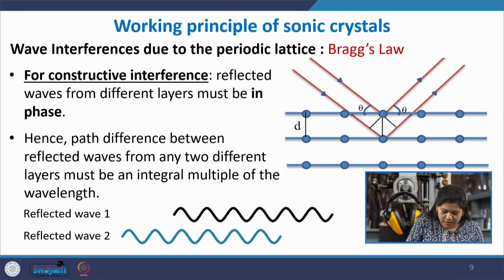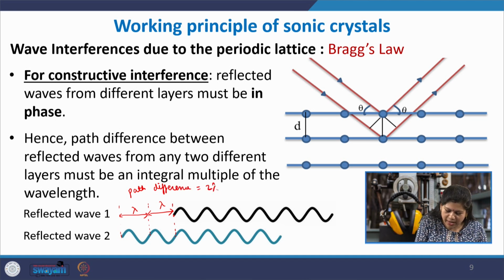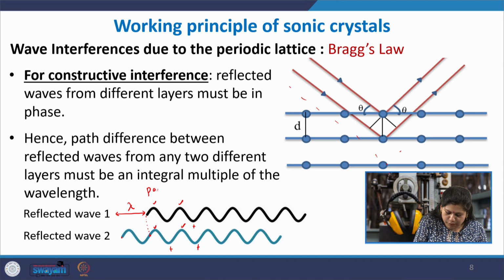So, here you can see this is 1 lambda and this here is another lambda. So, here the net path difference is 2 lambda. Here the path difference between the two waves is lambda.